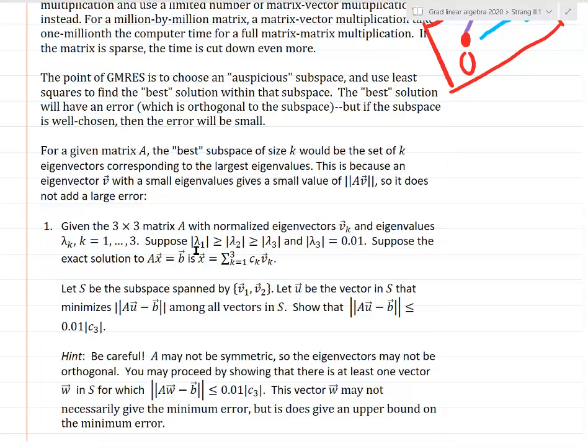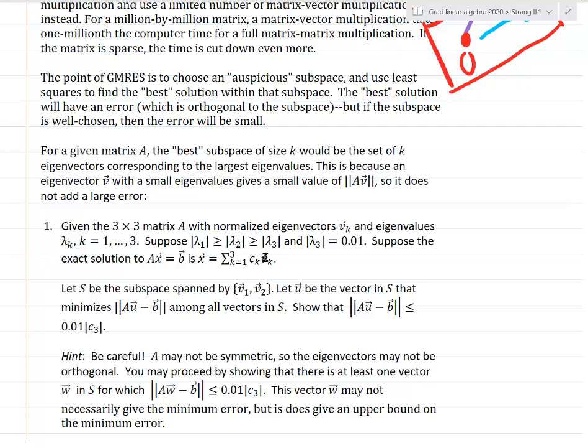Well, can I get a vector in S that's close to x? x is c1v1 plus c2v2 plus c3v3. But S has to be in the subspace spanned by v1 and v2. So think about a vector that's spanned by v1 and v2 that's going to be close to this x.